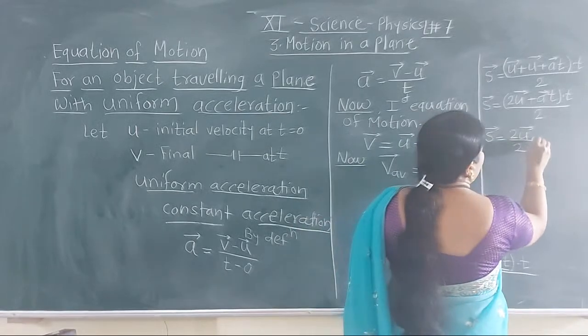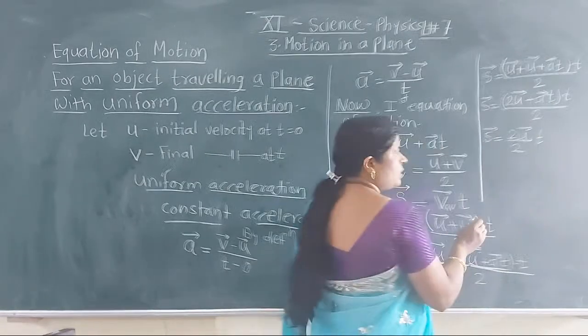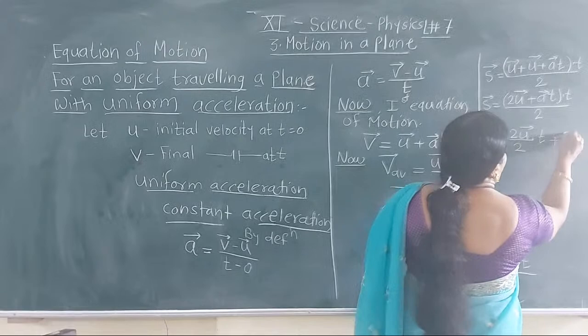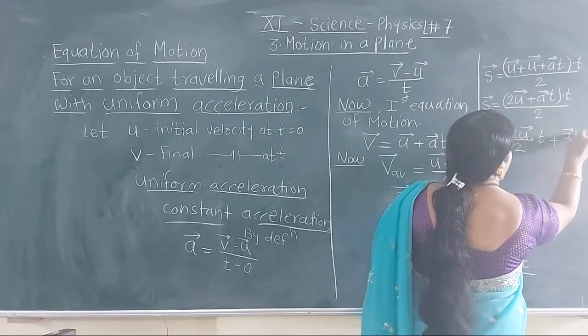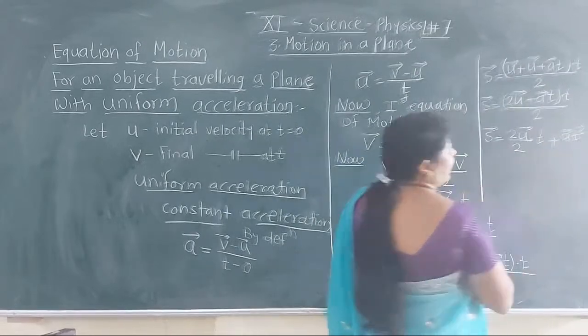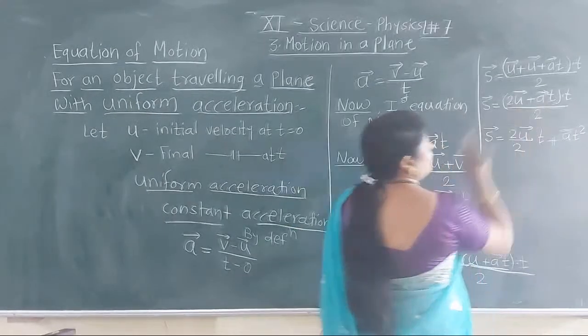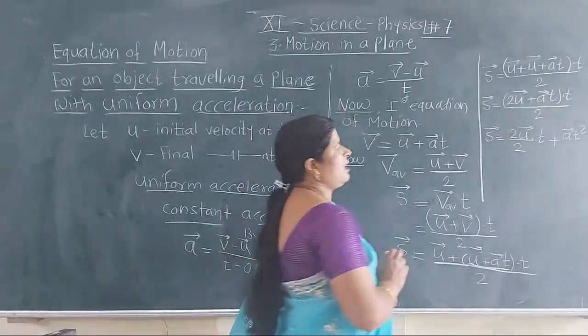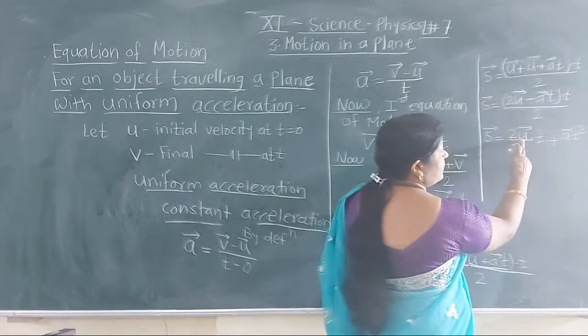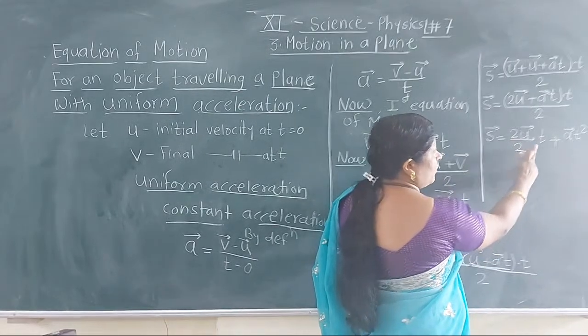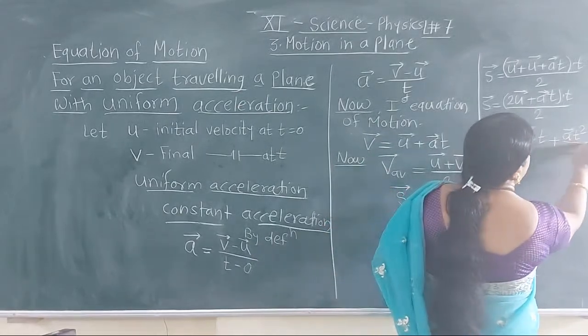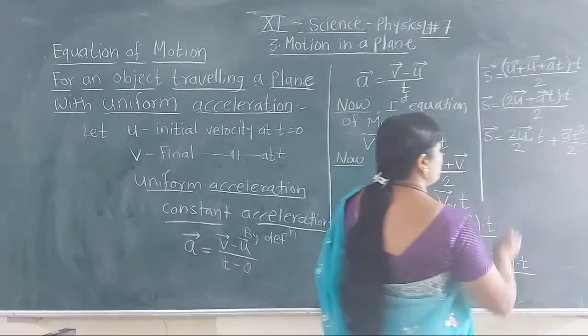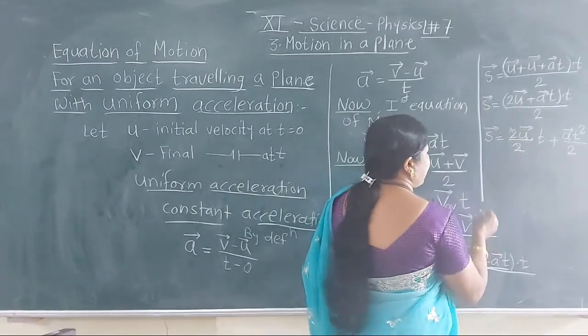Separate this into t plus vector a into t square. t multiplied by t, we multiplied the bracket by t. Therefore we get twice vector u divided by 2 into t plus a t square divided by 2. Now the 2 gets cancelled.